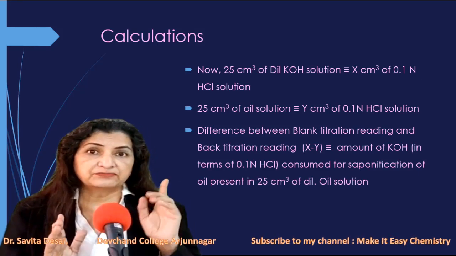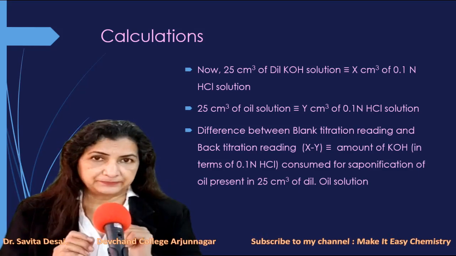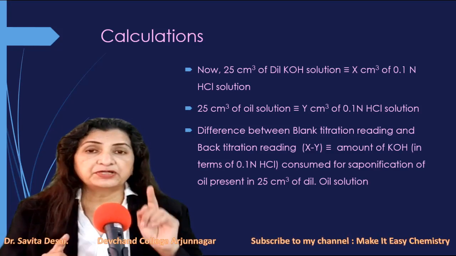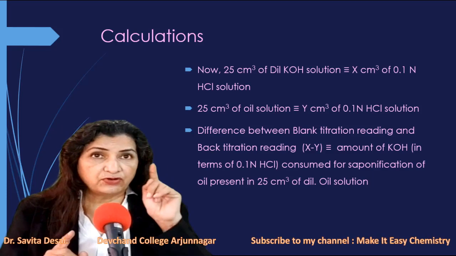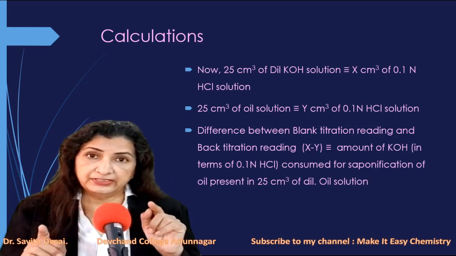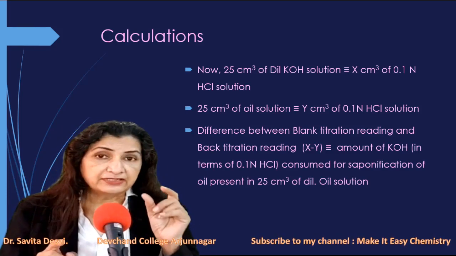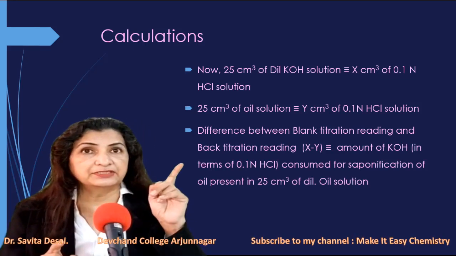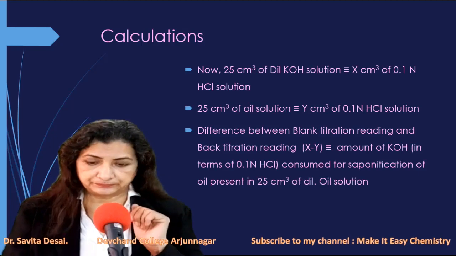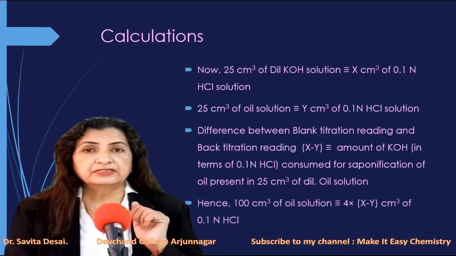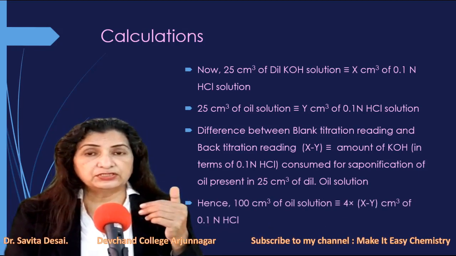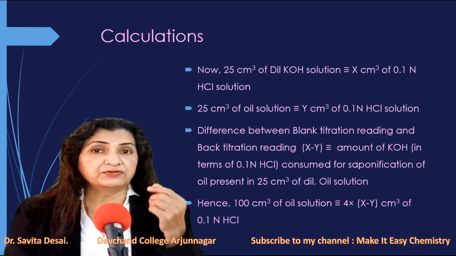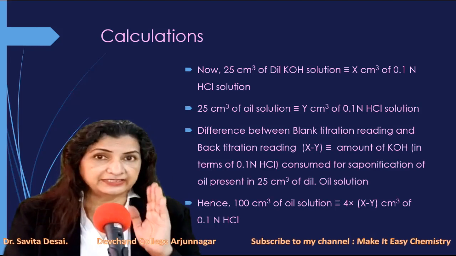That is in terms of the 0.1 normal HCl. So the amount of KOH consumed in terms of 0.1 normal HCl for the saponification of the oil present in the 25 cm cube of the dilute oil solution is nothing but X minus Y. Okay. So we have diluted the oil solution to 100 cm cube, out of which we have taken 25 cm cube for the titration.